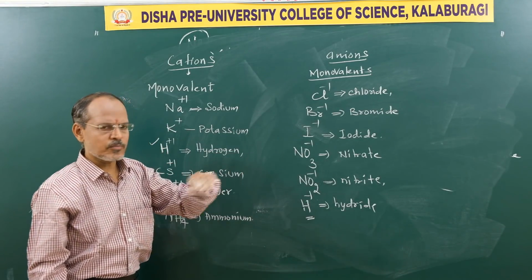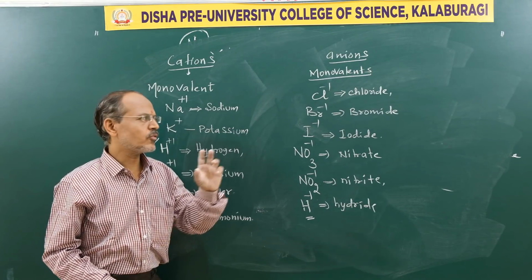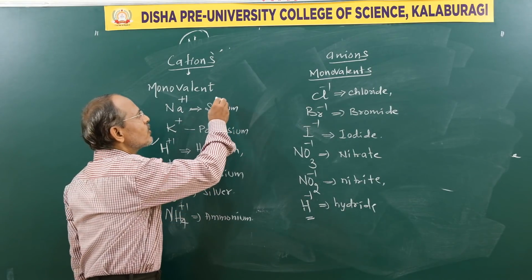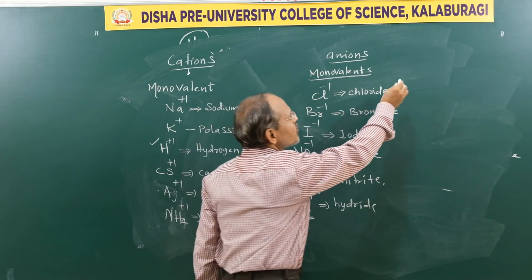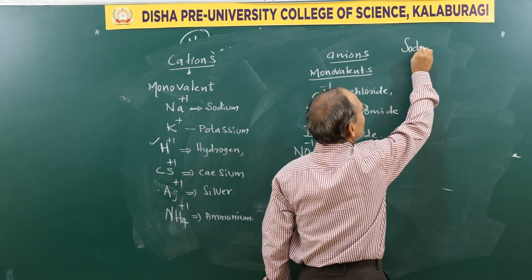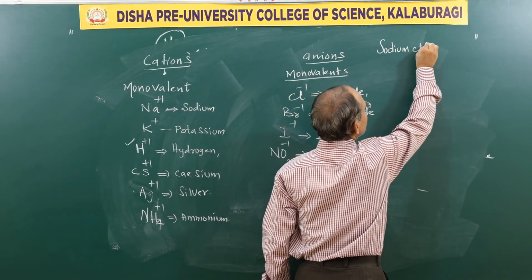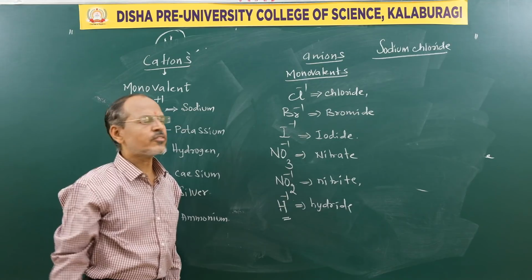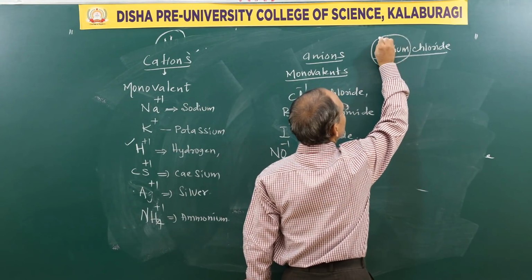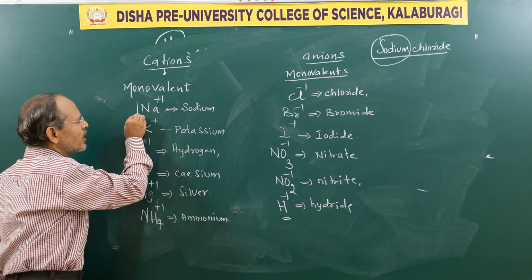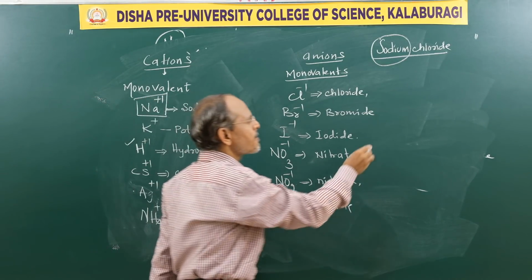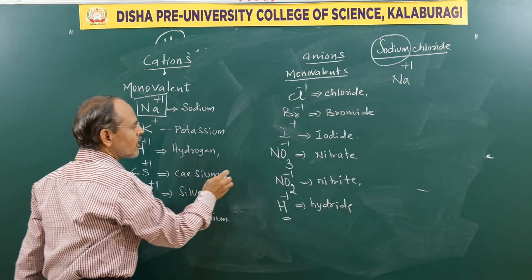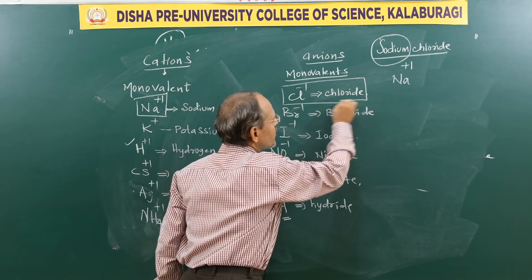Now these are the common examples. Later on we will see more examples. So in this session, I will just conclude with one example. If I want to write the formula of sodium chloride, a very simple example: first you see sodium. Sodium formula is Na plus 1, and then chloride is minus 1.